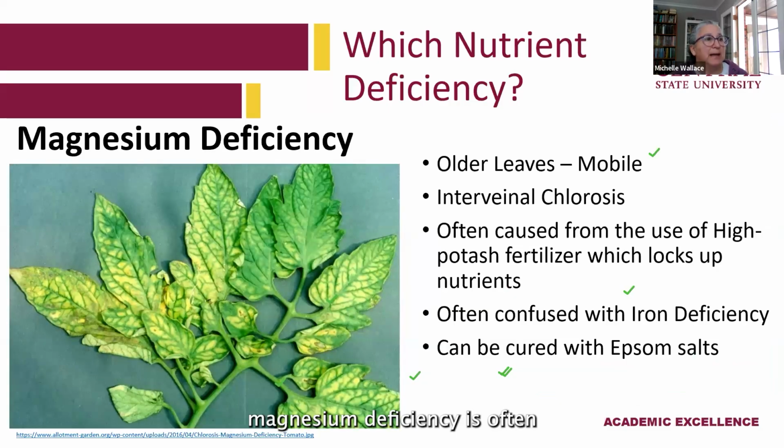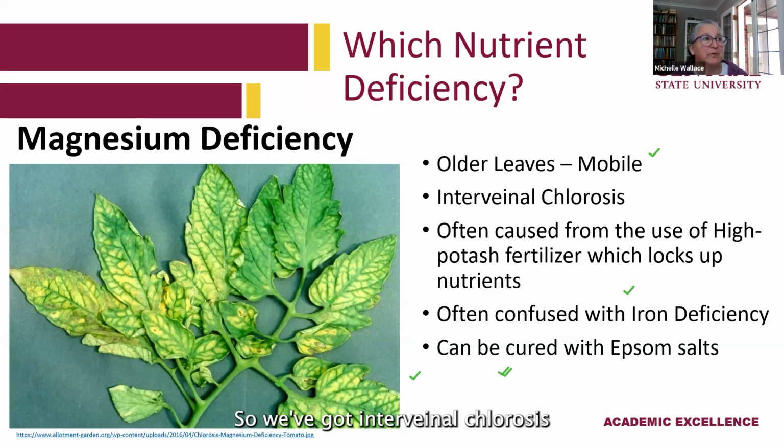Magnesium deficiency is often confused with iron deficiency. The big difference is magnesium is mobile while iron is immobile. That's how you would know to use the mobile nutrient key.